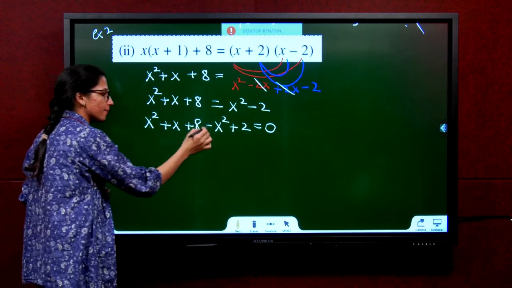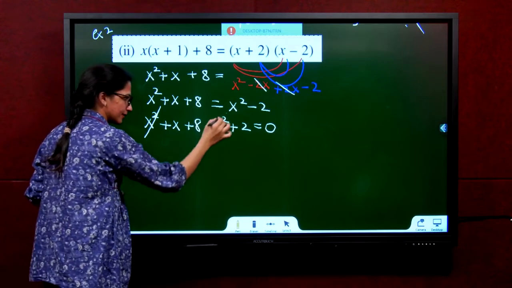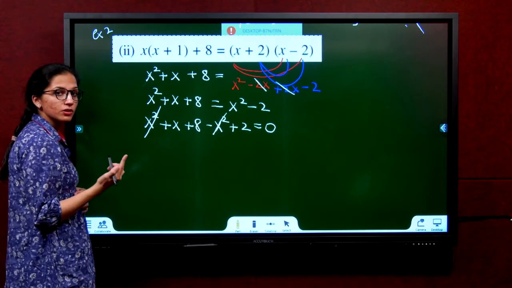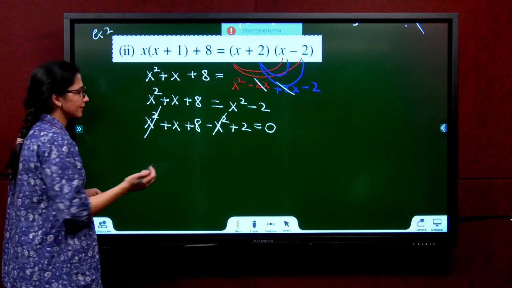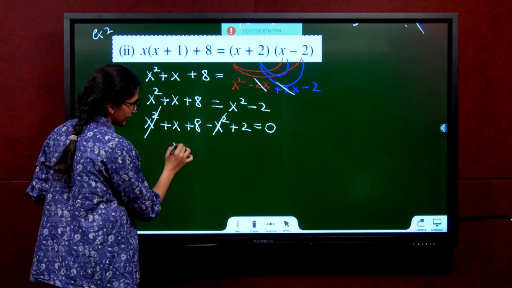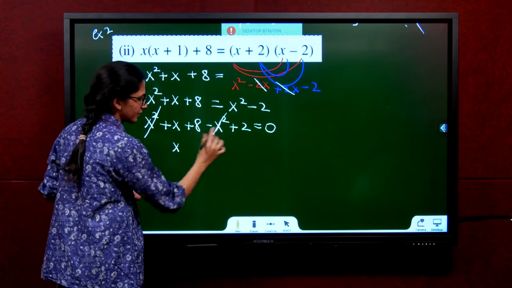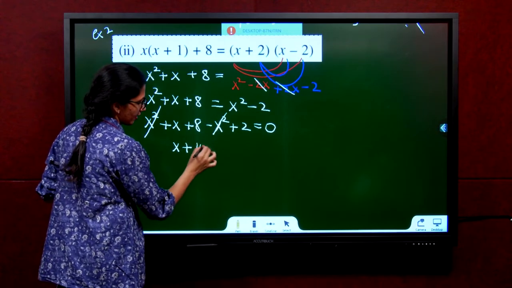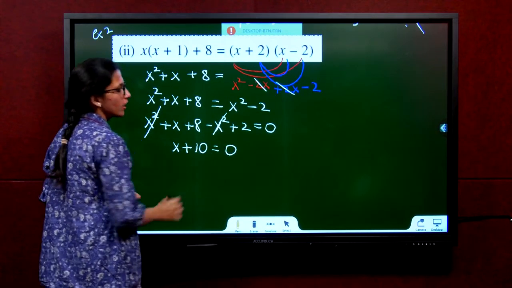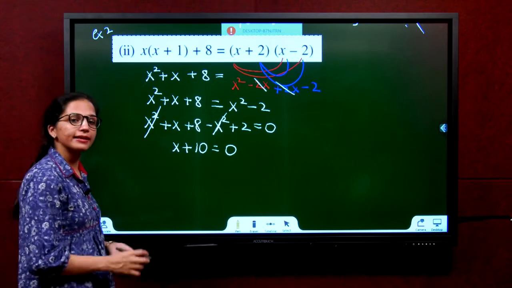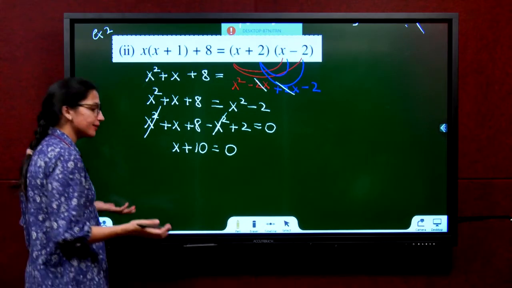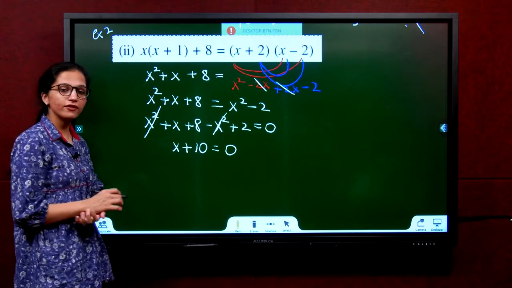x square minus x square cancels. Plus 1 and minus 1, 0. Cancels. Plus x is x itself. 8 plus 2 is 10 is equal to 0. Is this a quadratic equation? Yes or no? No, definitely not.